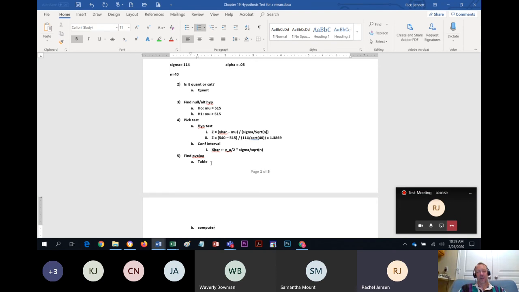Does it matter which one you do? So you need to do both. If it's a paper test, you need to do the table, and if it's a computer test, you need to do the computer. So you need to do both methods. So do NORM.S.DIST for the computer.